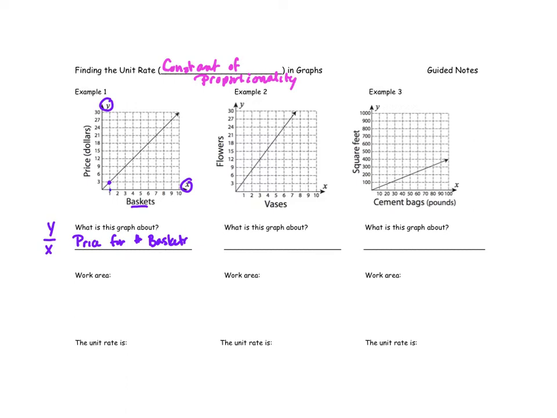And if I look at it, 1 matches up with 3. So we can say our y value is 3 when our x value is 1. So the unit rate is 3, and more specifically, it's $3 for one basket.